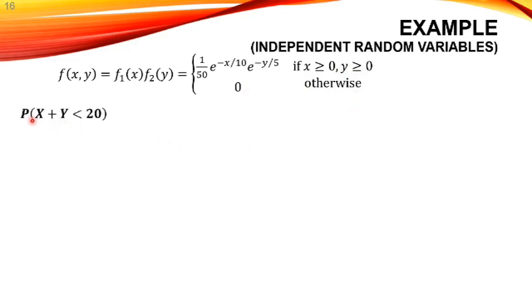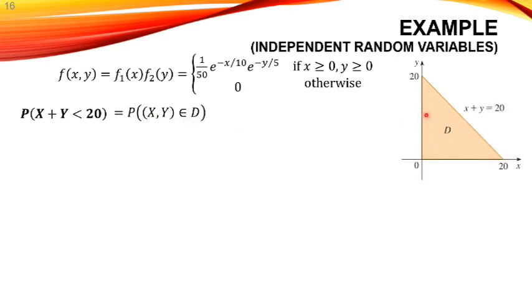So the probability that x plus y is less than 20, ang tinatanong is less than 20 minutes yung paghihintay. So what is the probability that the waiting time of any moviegoer would be less than 20 minutes? It is equal to the probability that the joint density function is inside the region.